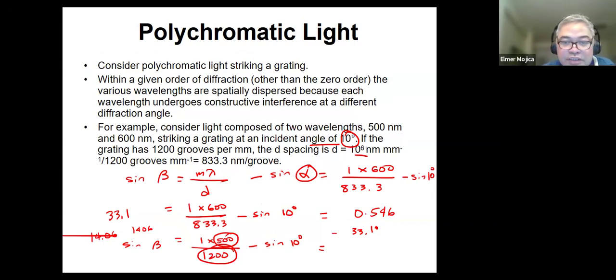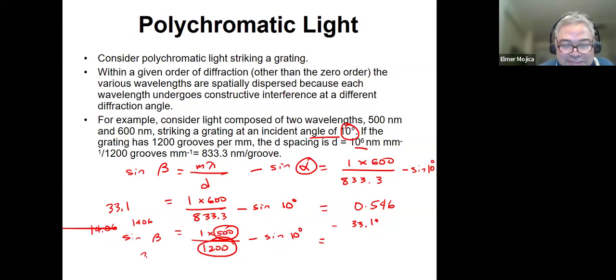So one is the 33. Now, if you have the 500 nanometer, the corresponding first order diffraction angle, the book says 25.2.